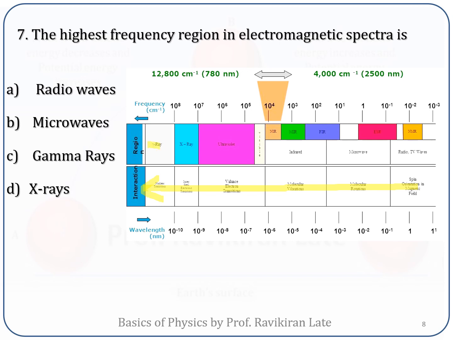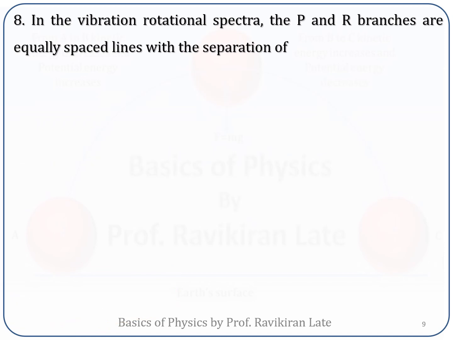So gamma rays are at the extreme left in the electromagnetic spectrum, so they have the higher energy or higher frequency in this case. So the highest frequency, if you look at the options, will be the gamma rays, which is option C in the given case. So the correct answer for this question is option number C.